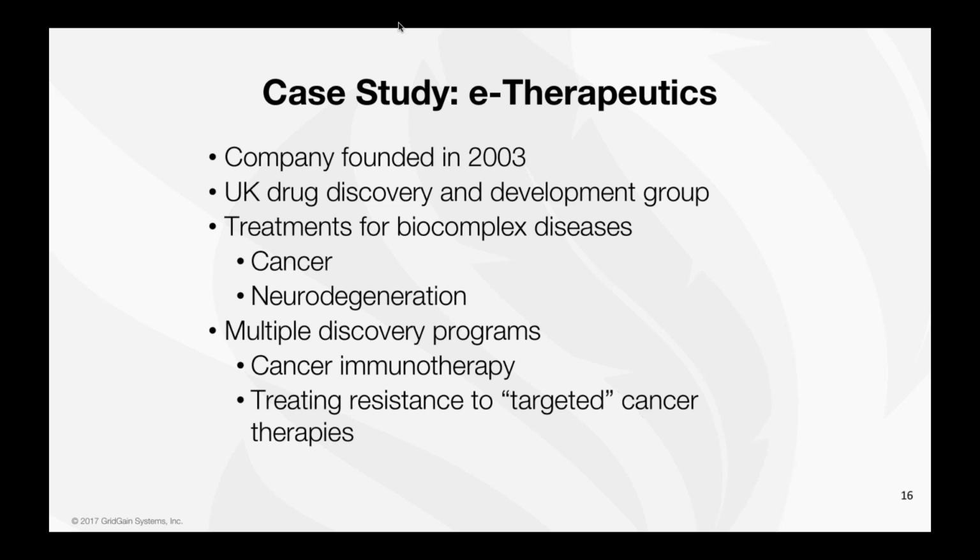And they've been working on a number of things. Treatment for biocomplex diseases, cancer, for example, neurodegeneration, so things that attack the nervous system, for example. Examples would be Parkinson's disease or Alzheimer's. And then looking at cancer immunotherapy. This is really the use of the immune system itself, the body's own defenses, if you like.